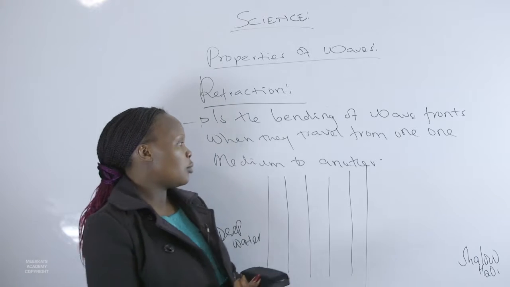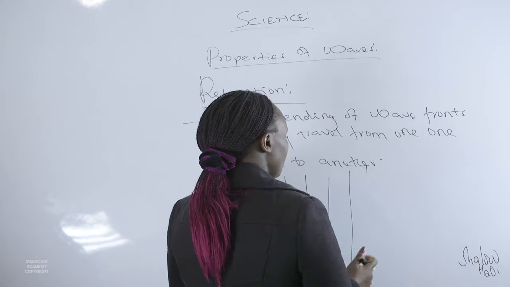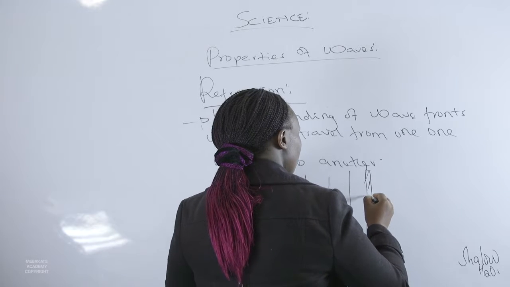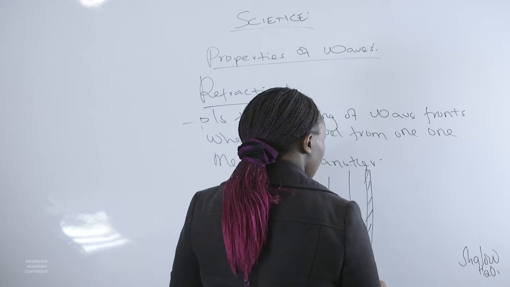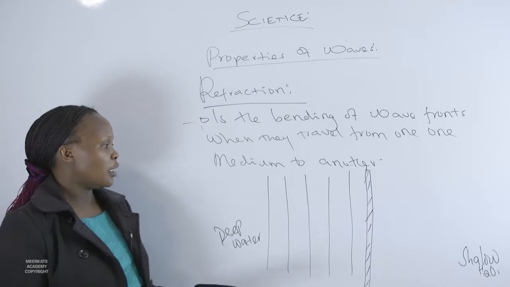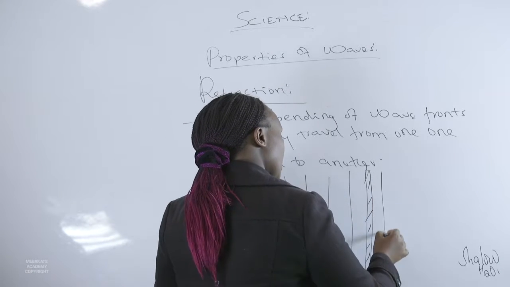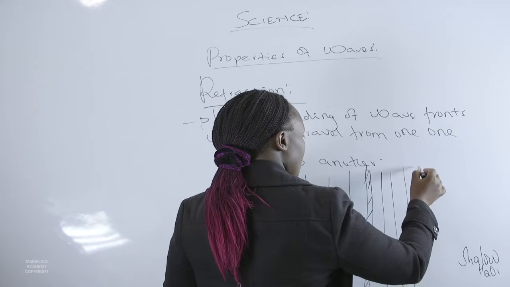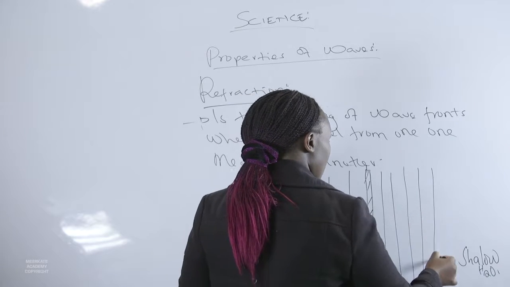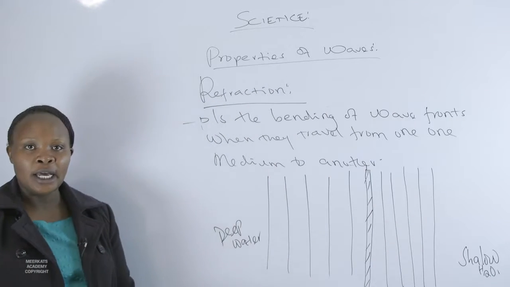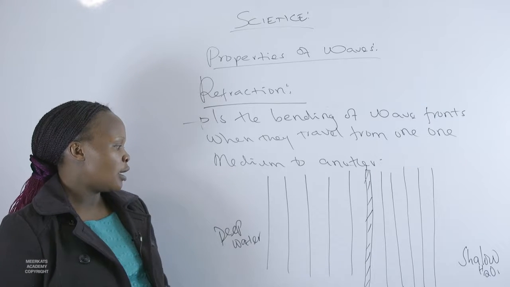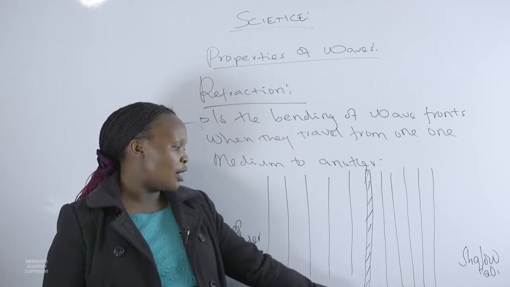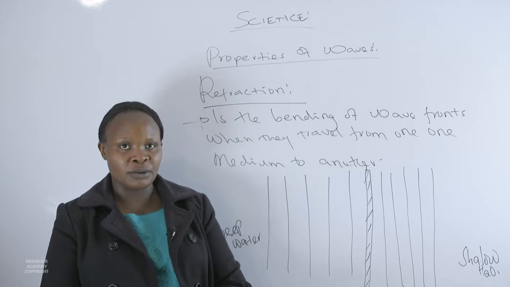For example, let us take that to be our boundary. We expect that the spacing between our wavefronts is going to be compromised. And that is because as we move from the deep to the shallow waters, we are going to have a change in speed of the wavefronts.